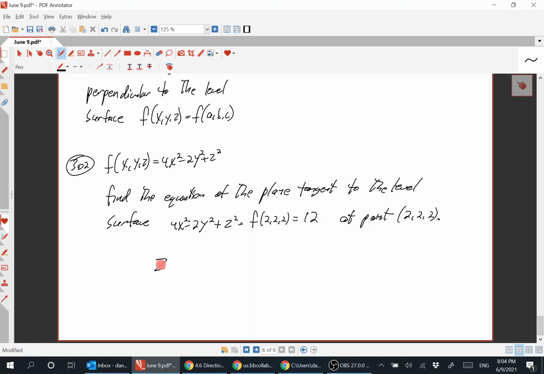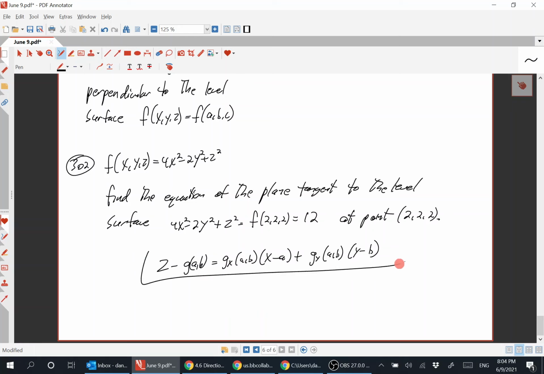So different than the tangent plane equation, z minus g of a, b equals the partial of g with respect to x at a, b times x minus a, plus the partial derivative of g with respect to y at a, b times y minus b. This is for a different function. But what's the normal vector in this equation here? Right, the coefficient of x is the partial derivative with respect to x.